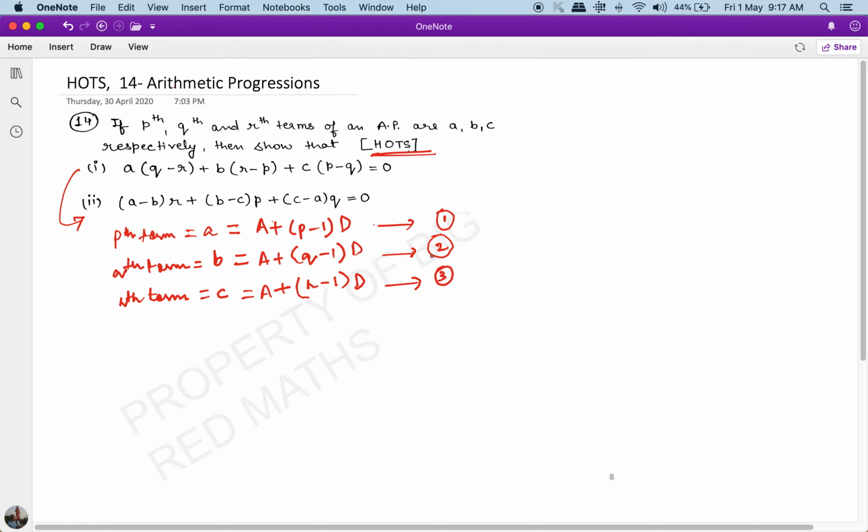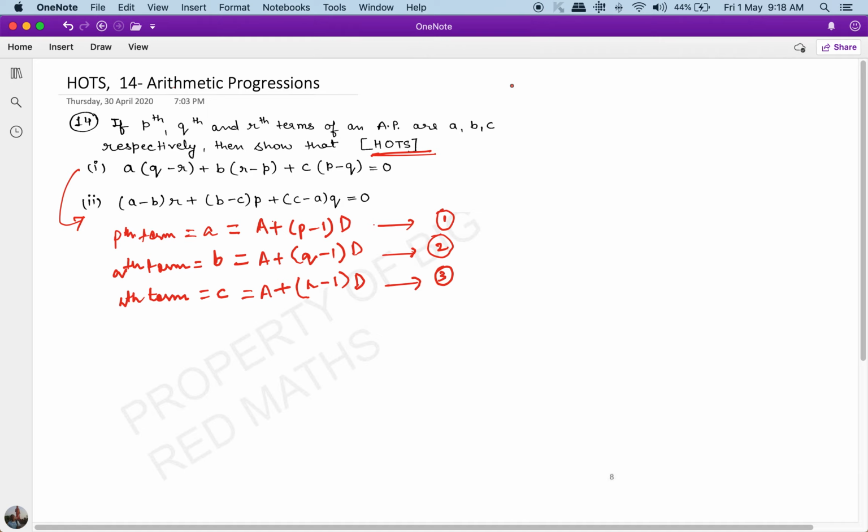Okay, now it says prove that A into Q minus R plus B into R minus P plus C into P minus Q is equal to 0. All I have to do is just take A, which is this, and multiply it with Q minus R. Let me solve for this part here.